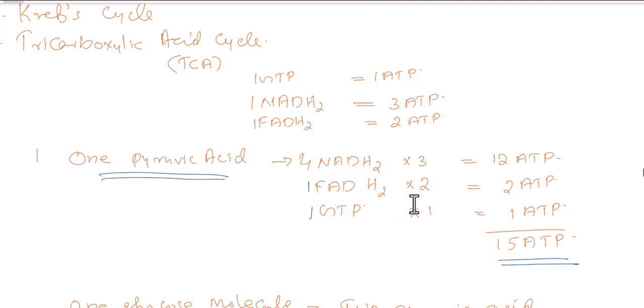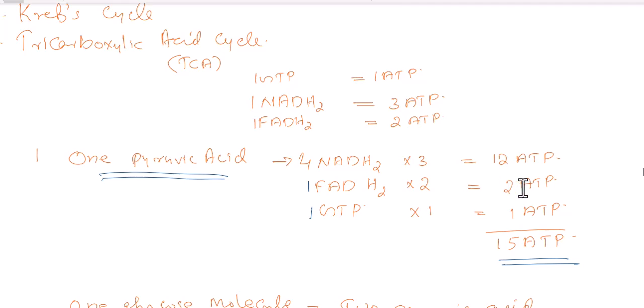When converting into ATP, one NADH2 is equivalent to 3 ATP, so 4 into 3, 12 ATP can be generated. One FADH2 carries energy equal to only 2 ATP.